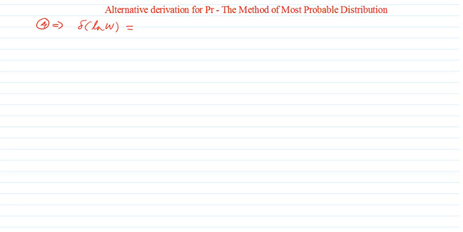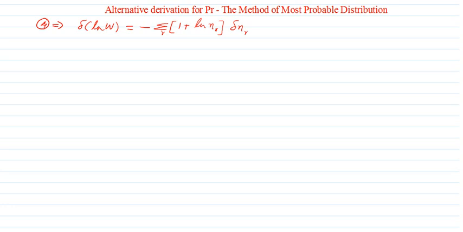Our aim is to maximize w within the constraints. So it is minus the sum over r, meaning over all accessible states, of 1 plus log of n r, times delta n r. So this was our equation number 4.